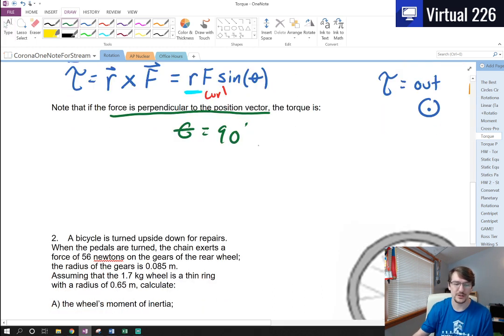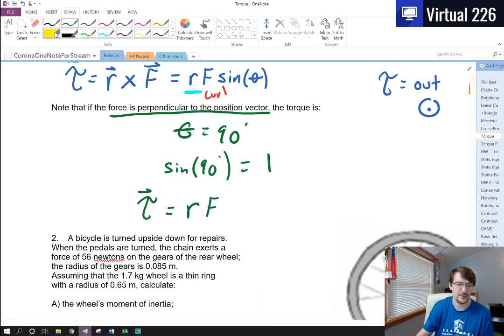What makes problems so easy is that whenever your angle is 90 degrees, sine is equal to 1, which means whenever the force is perpendicular to the moment arm, the torque is just going to be the moment arm multiplied by the force. Okay, so these equations right here, R cross F, or R F sine theta, and this are going to be super useful to us.